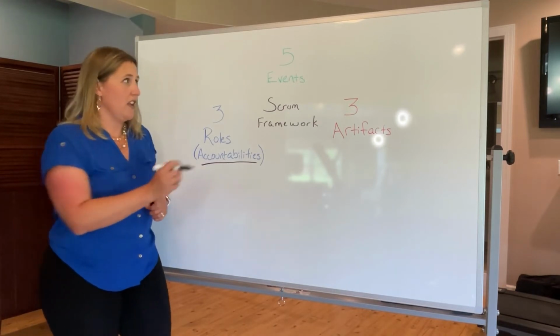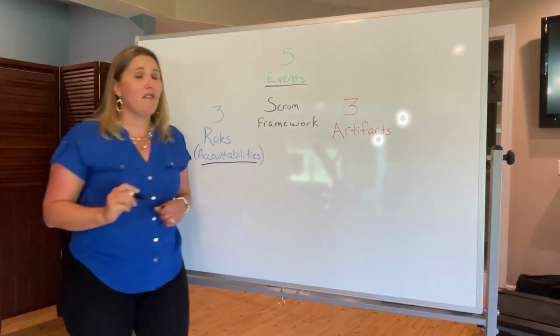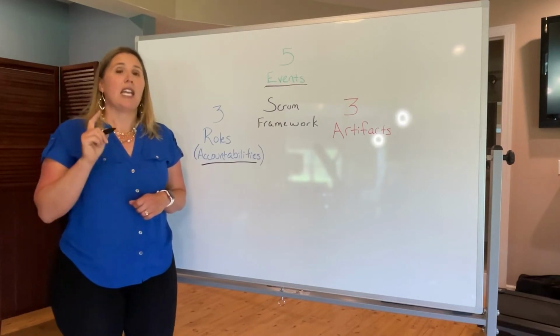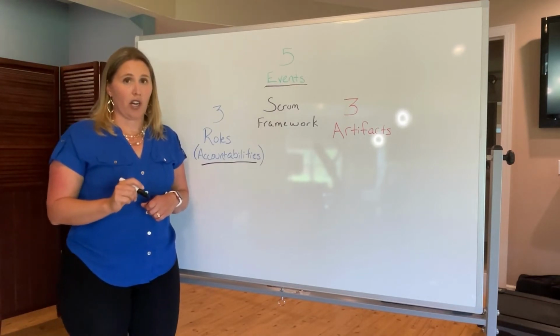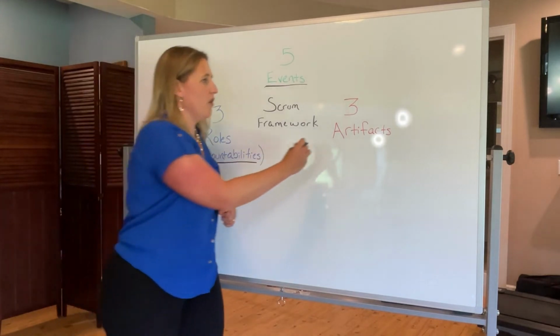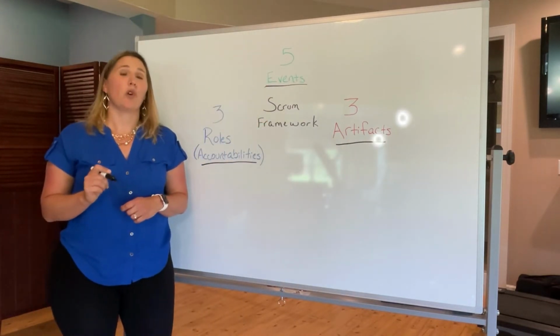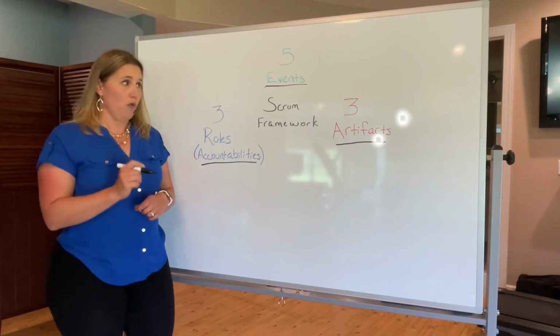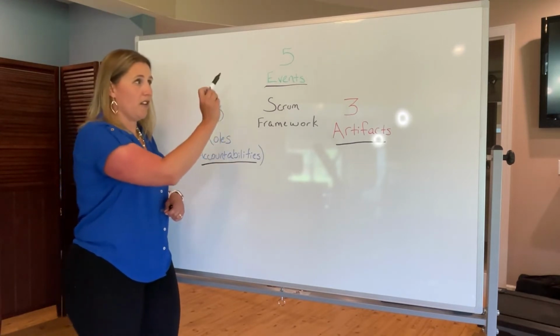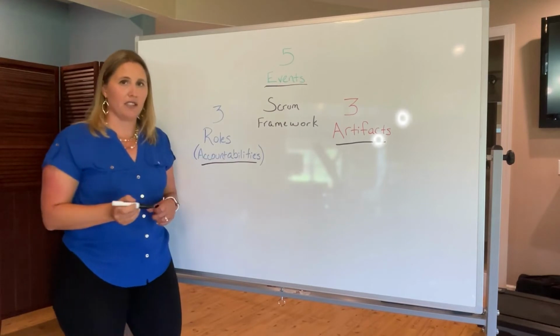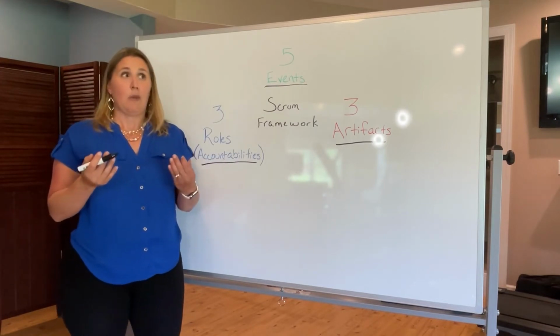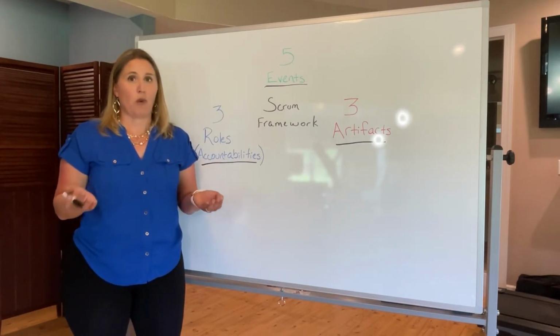It would also mean that there are 5 events that you participate in each and every cycle of work, and that you have 3 artifacts that are the ways in which you make your work visible. So, 3 roles or accountabilities, 5 events, 3 artifacts. The 3-5-3. Pretty basic, right?